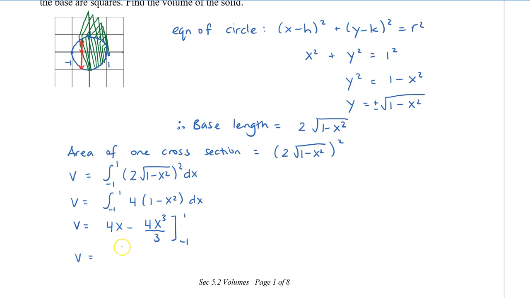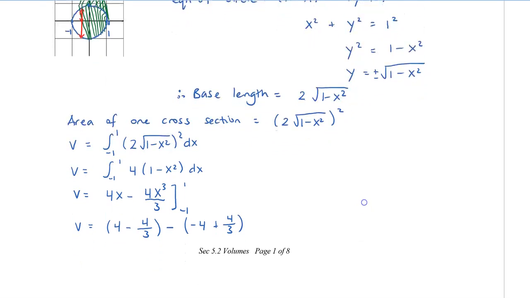So finding the volume by plugging in 1 first, we get 4 - 4/3, and then minus, plugging in -1, we get -4 plus 4/3. And then we get 4 plus 4, so it's going to be 8. -4/3 minus 4/3 is going to be -8/3.